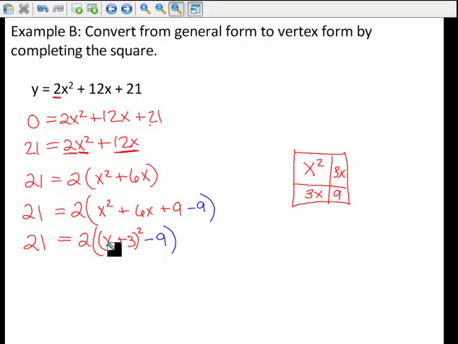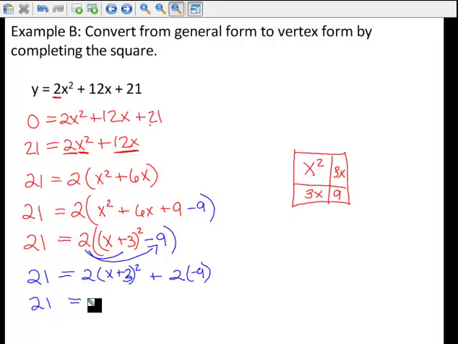All right, so I'm going to distribute that 2 into our negative 9. So we have 21 equals 2 times x plus 3 squared. So that's my distributing there. And then plus 2 times a negative 9. So 21 equals 2. Okay, and if I want to move into vertex form, then I can just change this into a y.